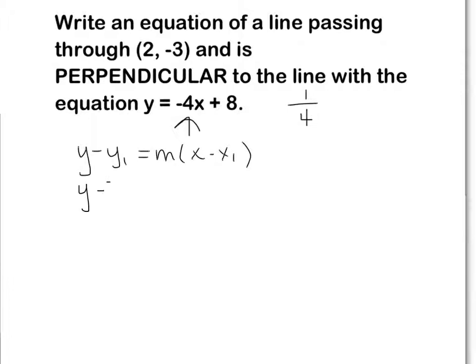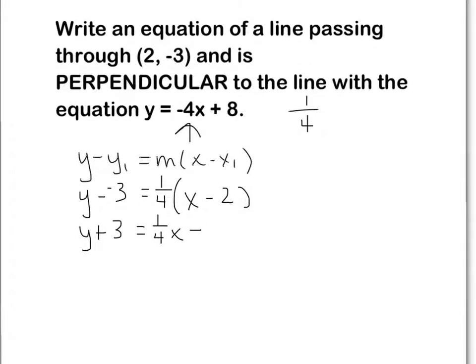Y minus negative 3, as the y value of my point, will equal the slope of 1/4 times x minus 2. On the left side, y minus negative 3 will simplify to y plus 3. And on the right side of the equation, I will have 1/4 x minus 1/4 times 2, which would be 1/2.